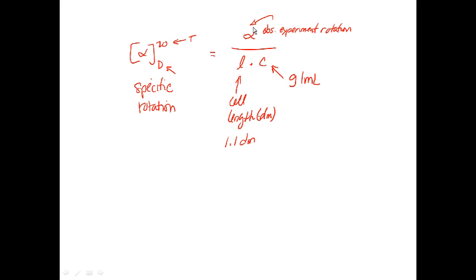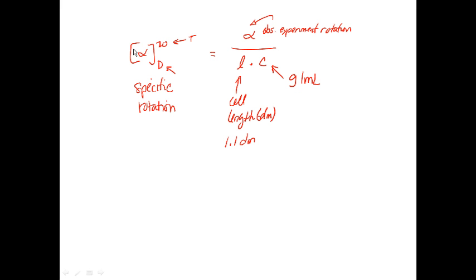And ideally, if this was 100% of one of the products, then you would actually get the specific rotation of the S plus product, which you're going to look up on the Aldrich website, what the specific rotation should be.